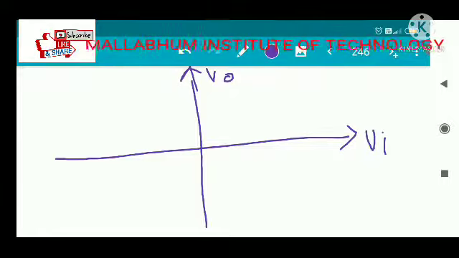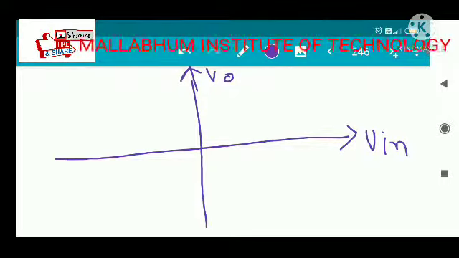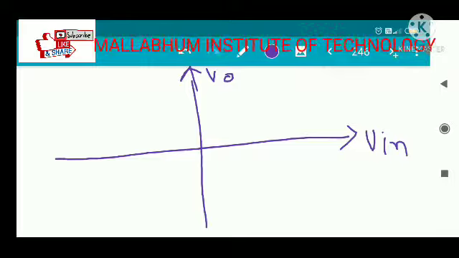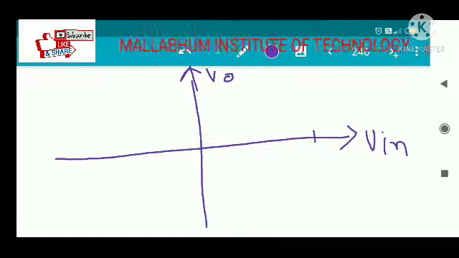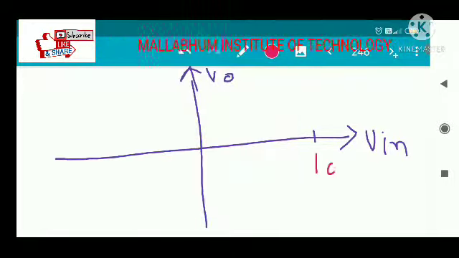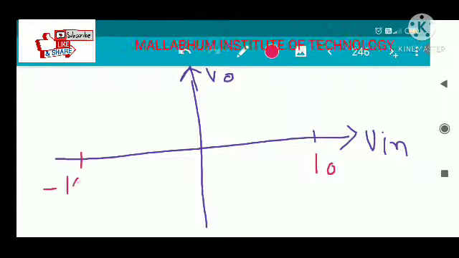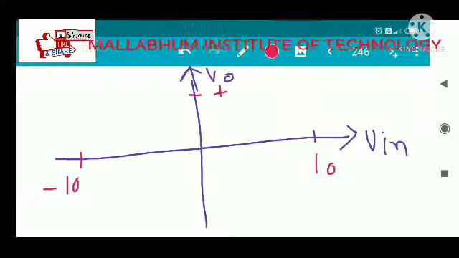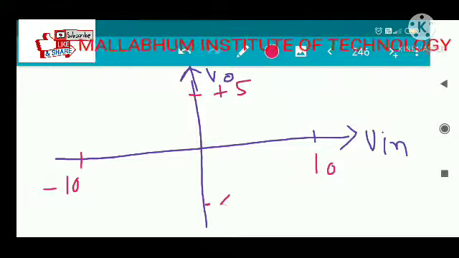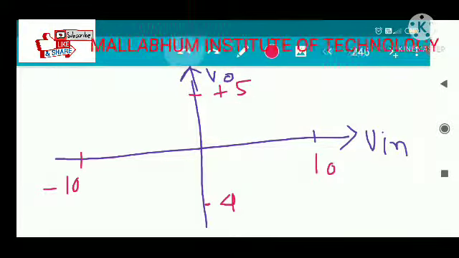The input voltage range is plus 10 to minus 10 and the output voltage range is plus 5 to minus 4.